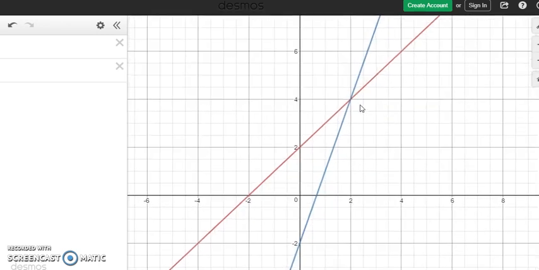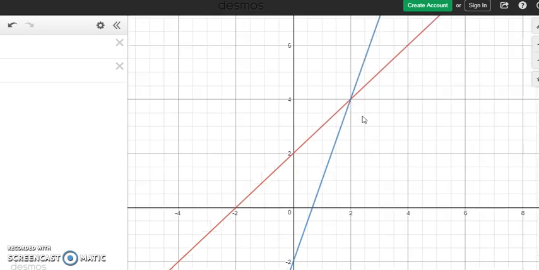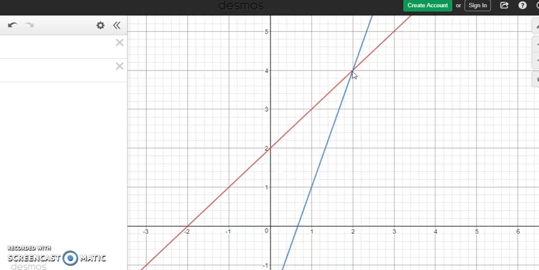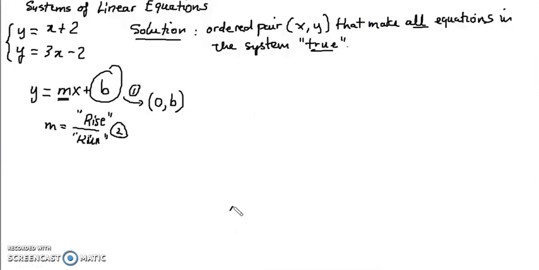Now let's zoom in and see what's going on. Look, these two lines intersect each other at one point. Let's find the coordinate of this point: it is exactly x equal to 2, y equal to 4. At this point we conclude that this is a solution for the system.